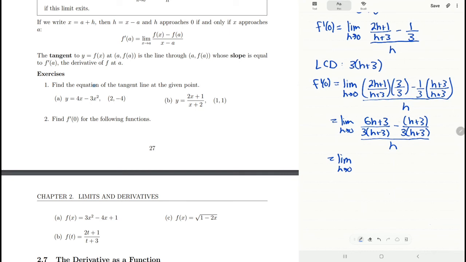So let's also distribute the negative through the brackets as we're simplifying. And we'll also rewrite our limit as a single fraction instead of two fractions. So we'll multiply by the reciprocal of the denominator. So we have 6h plus 3 minus h minus 3 divided by 3 times h plus 3, and we multiply this by the reciprocal of h over 1, which is 1 over h.